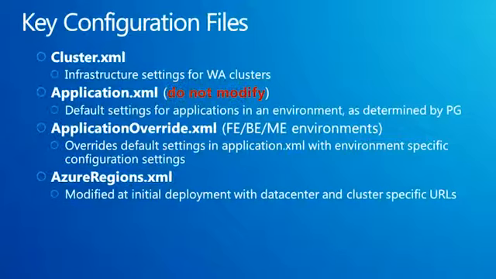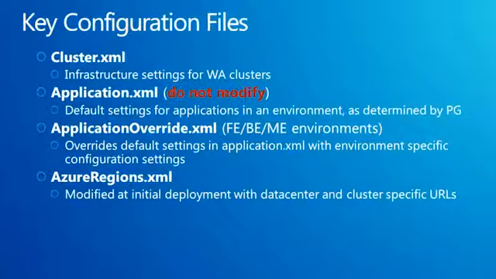Azure Regions.xml is typically modified during the initial deployment with data center and cluster-specific URLs and information. The Azure Regions.xml file is used by each cluster to figure out which region it is a part of and which region it should be responsible for.